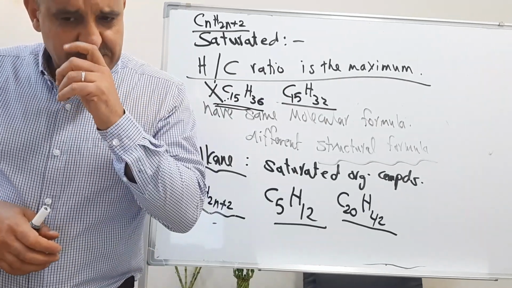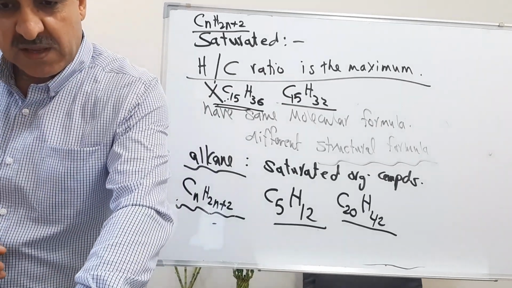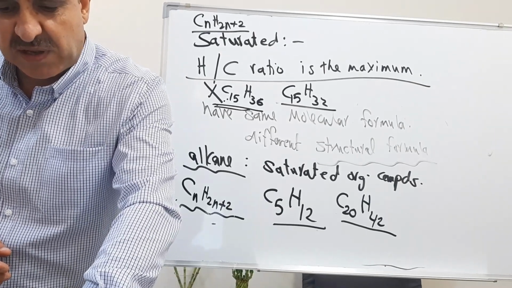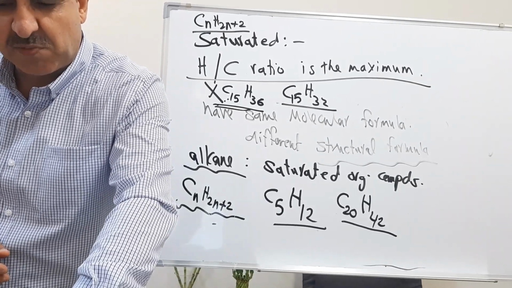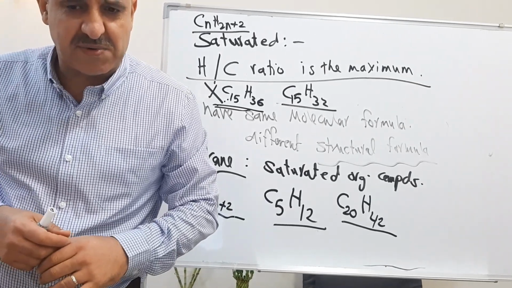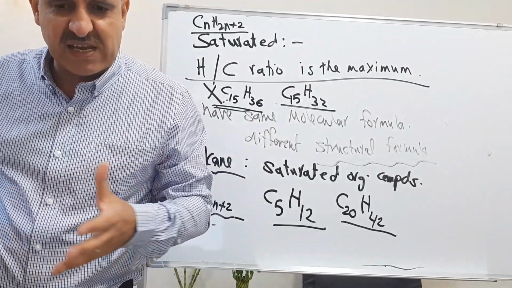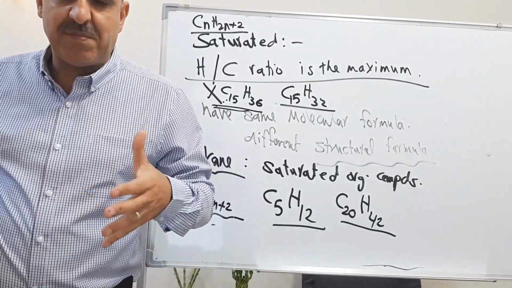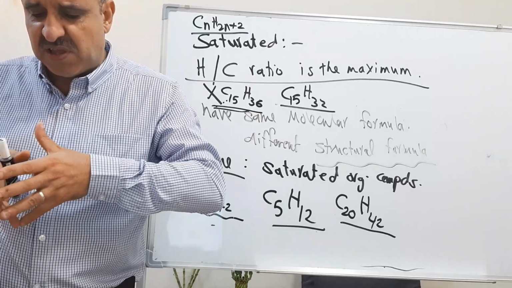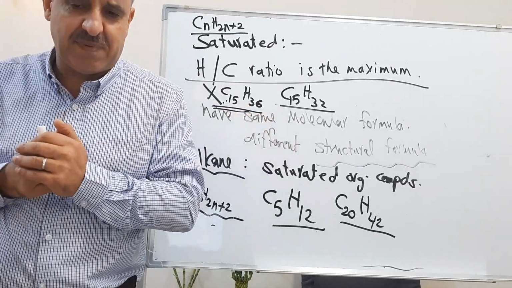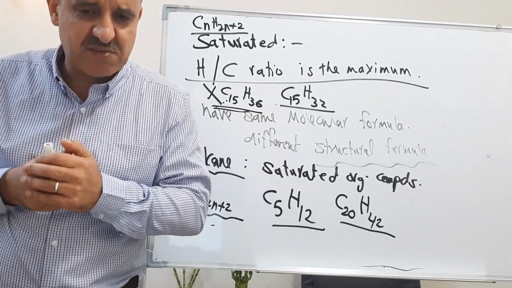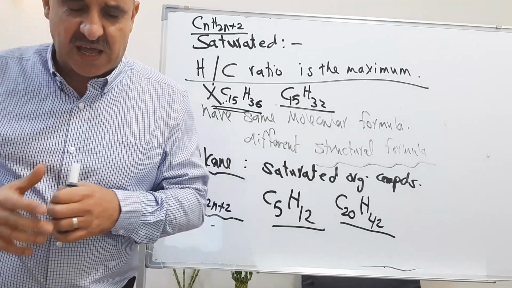All right, so let's get back to isomerism and the first type of isomerism, which we will now call constitutional isomers. But in principle, as I said, isomerism as a phenomenon is responsible for the huge number of organic compounds present in life.